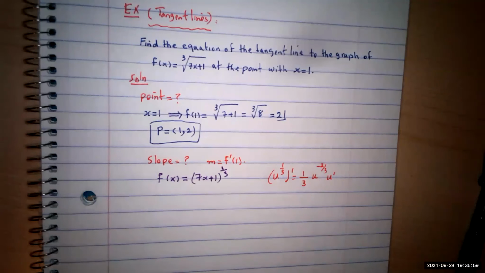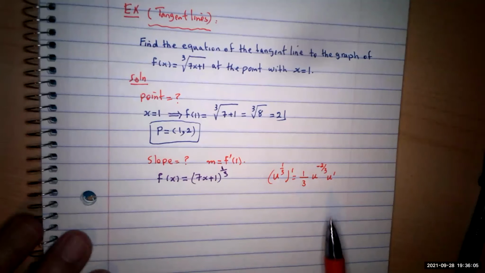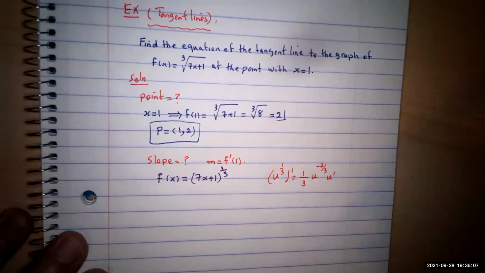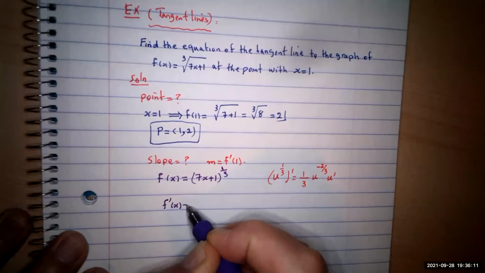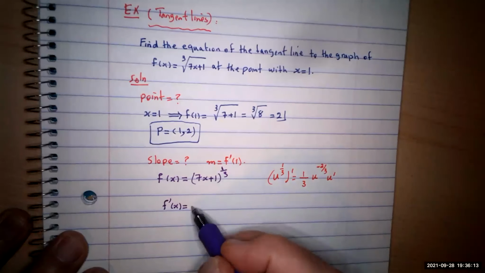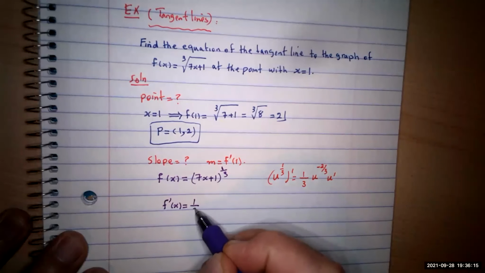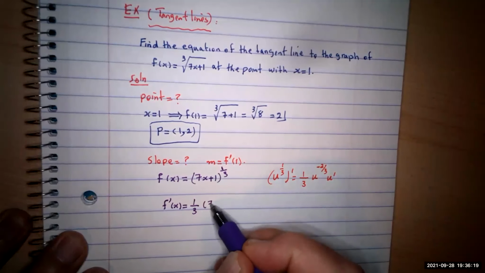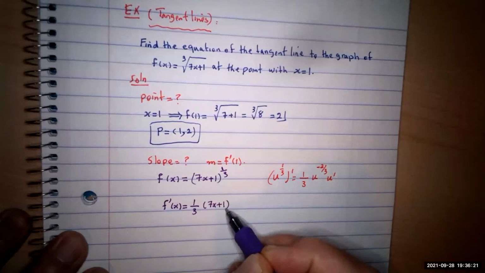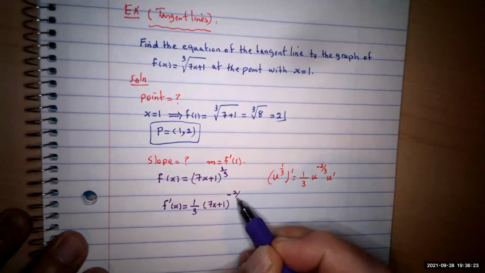So that's the difference between this problem and the previous one that we've been talking about. For this problem, you have to find the derivative and you have to use the chain rule. Okay, so we copy this formula to get our derivative done. f prime of x is equal to, power down, 1/3 times 7x plus 1 to the negative 2/3.